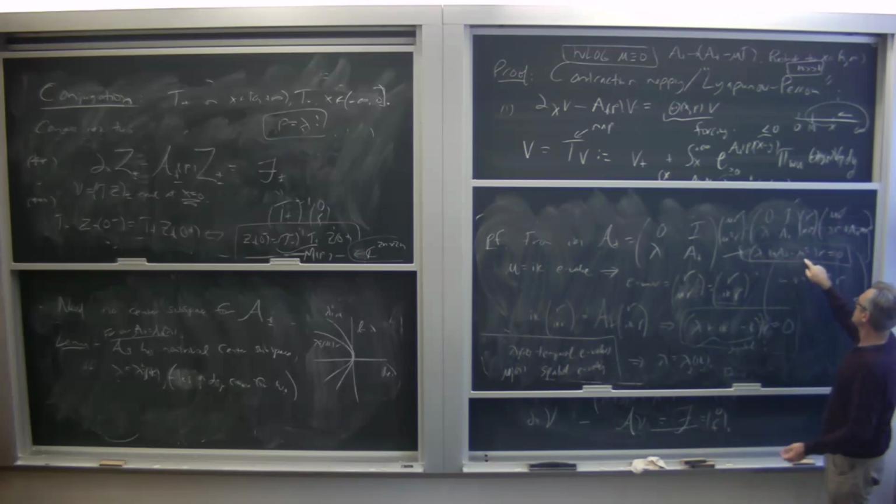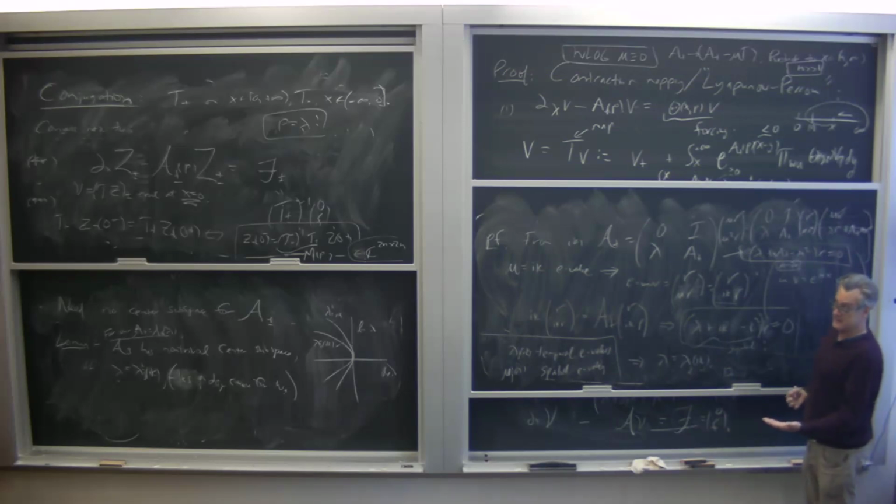So it reduces to a second order problem with mu corresponding to d/dx. But if I have a center subspace, that means mu equals ik with k real. And when I substitute in mu equals ik, this becomes the Fourier symbol.